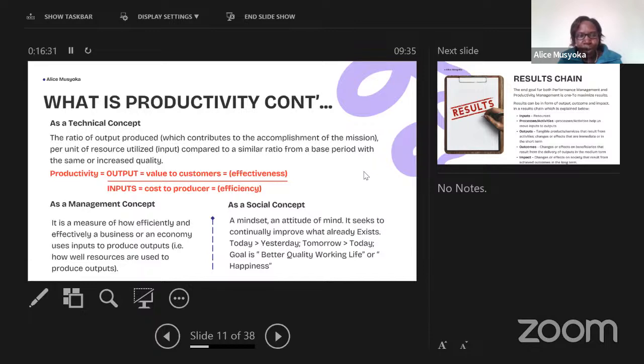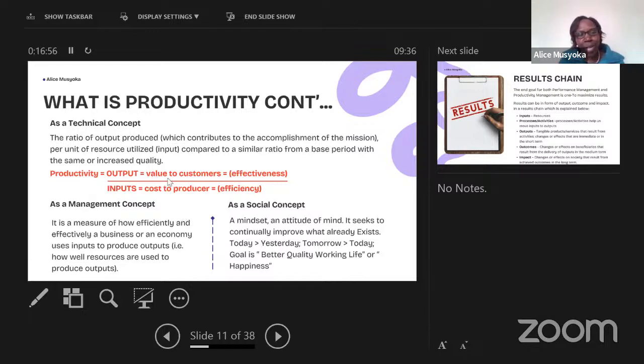So we are looking at output over input compared to a similar ratio from a base period with the same or increased quality. That is what the technical concept defines. It's how it defines productivity. So we say productivity equals outputs over inputs.